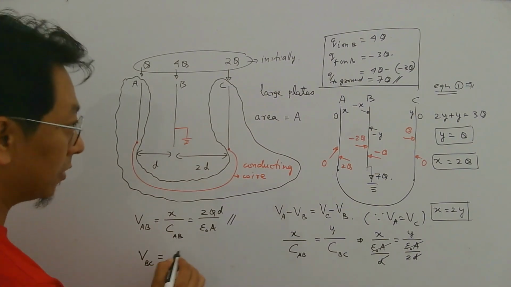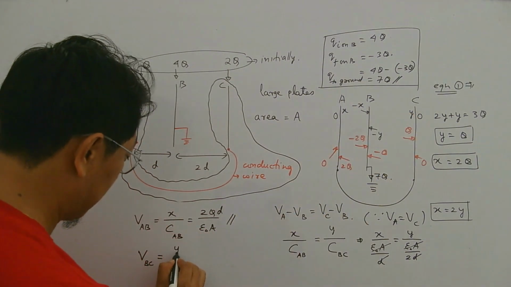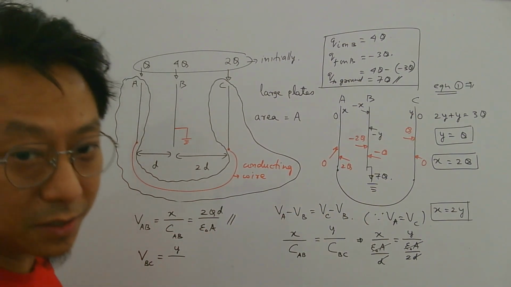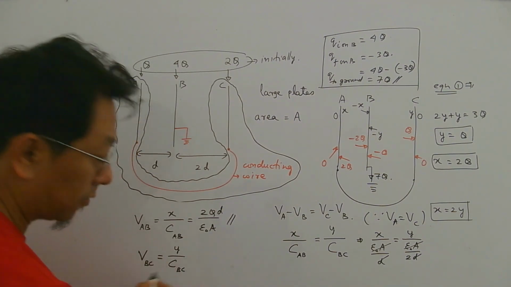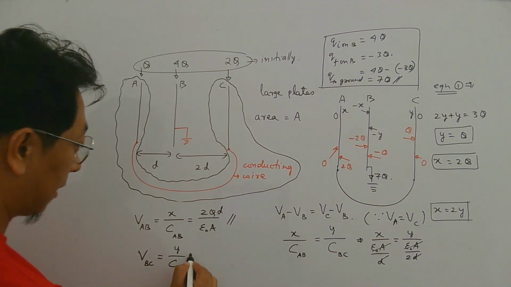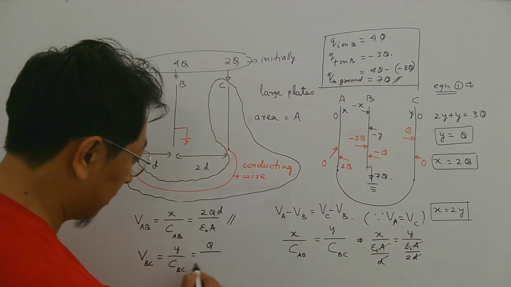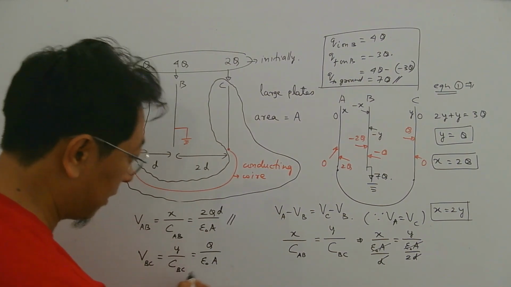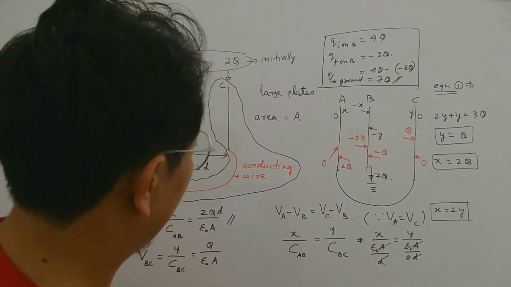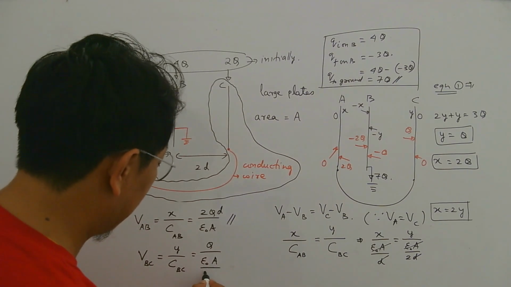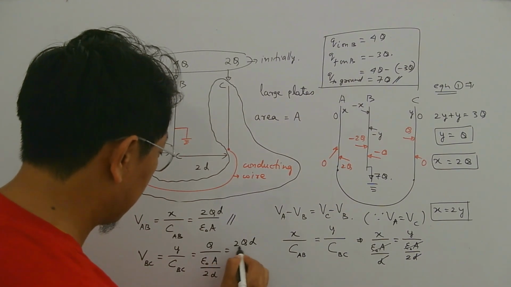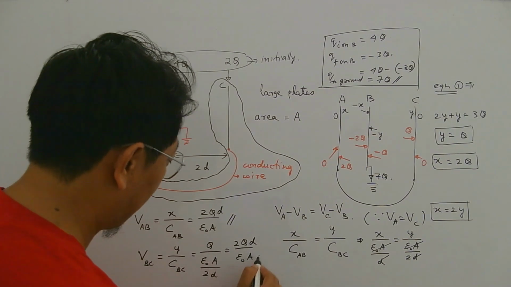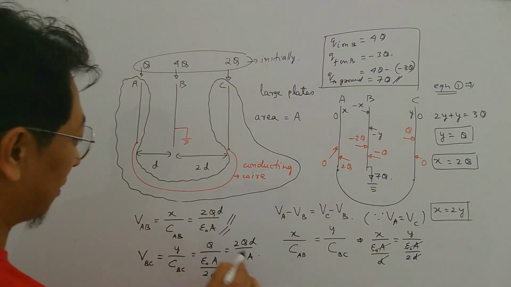That would be equal to Y, the charge on the inner surface of the positive plate, divided by the capacitance of B and C. And Y we found as q, and C is epsilon naught A by the distance, which is 2D, right? So this will give you 2qD by epsilon naught A. And as you guessed, those two should be the same.